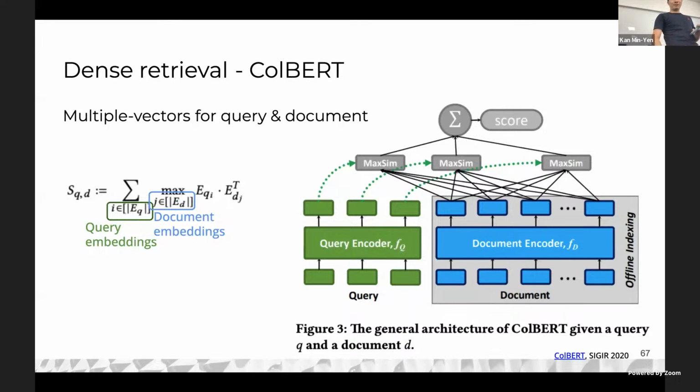Remember that previously, if we only have one vector, then we just calculate the similarity once, right? But here we have a lot of vectors. So the query maybe has 20 vectors, then the document has 100 vectors. Then when we use this max operation, it's very expensive. So 20 times 100 for just one query, right? And our corpus is very large, so this will be quite slow.